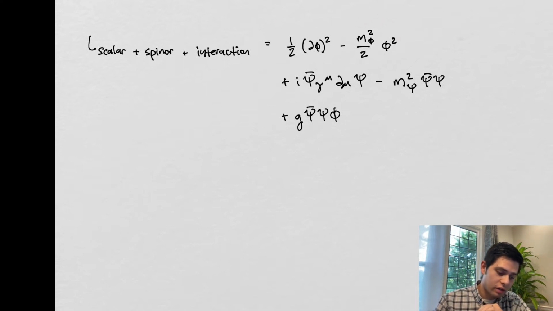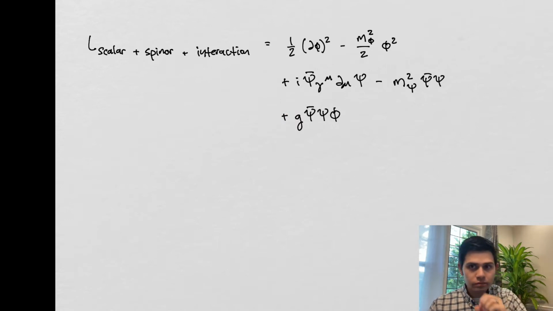So we theoretically could have a Lagrangian without the Dirac term in it, and just the scalar and the interaction, or vice versa. We can have it just with the Dirac term and the interaction, and no scalar part. But when we have both, we're being complete here, and the book goes over what these look like.